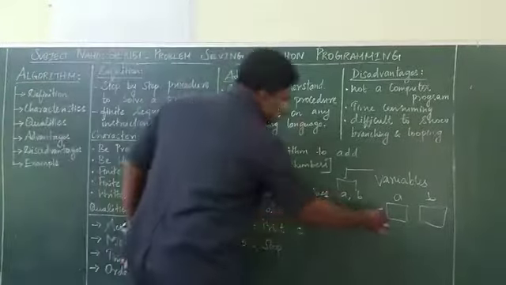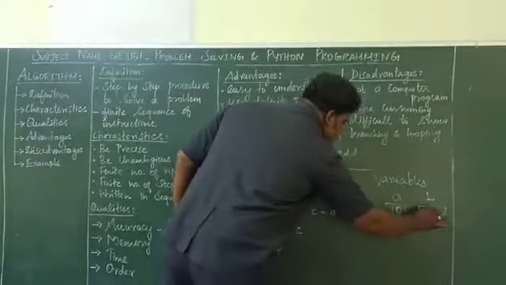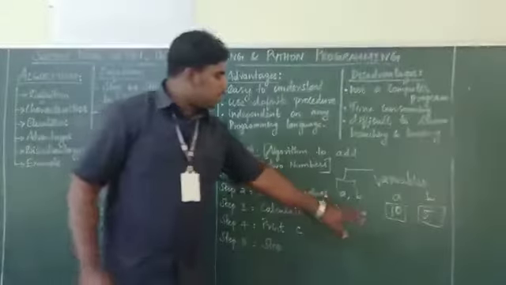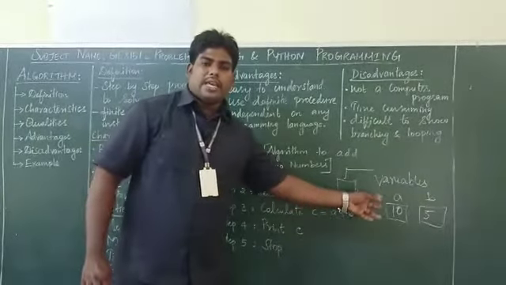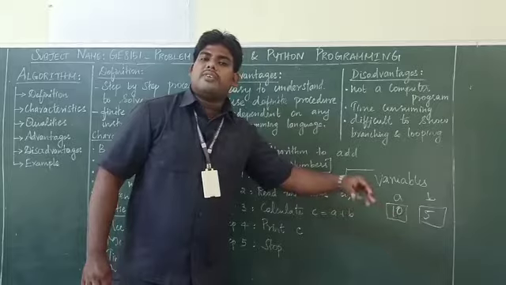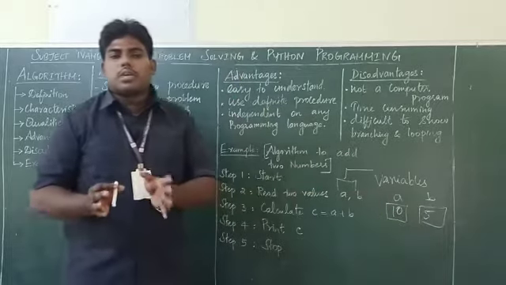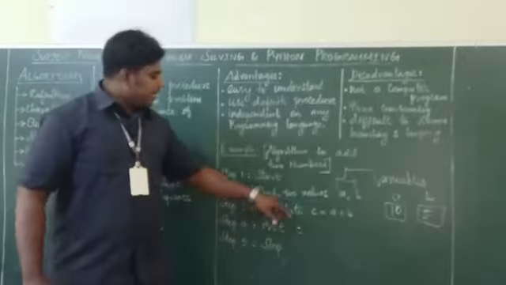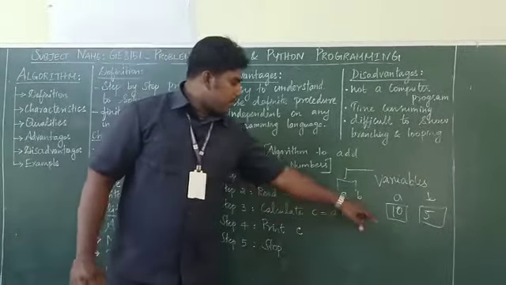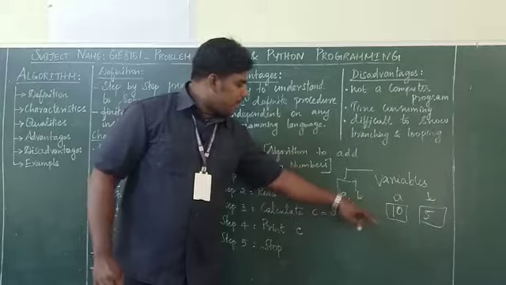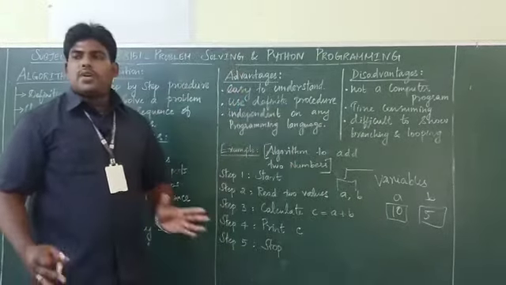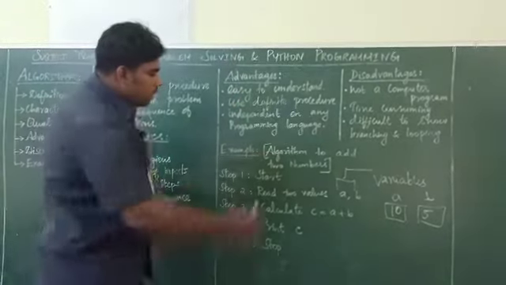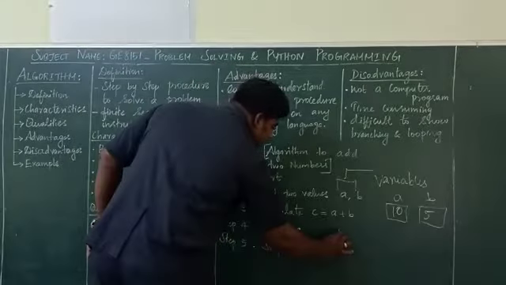For example, A is 10, B is 5 means the 10 is stored inside the variable A and 5 is stored inside the variable B. So variables are used to store the values. Read two values 10 and 5. A denotes 10 and B denotes 5. Now we have to add them, right? What's the value of A here? 10.